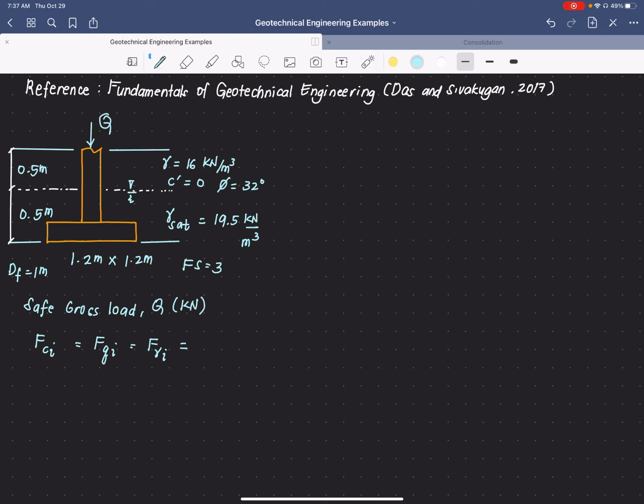And since that is vertical loading, these factors will just be equal to 1.